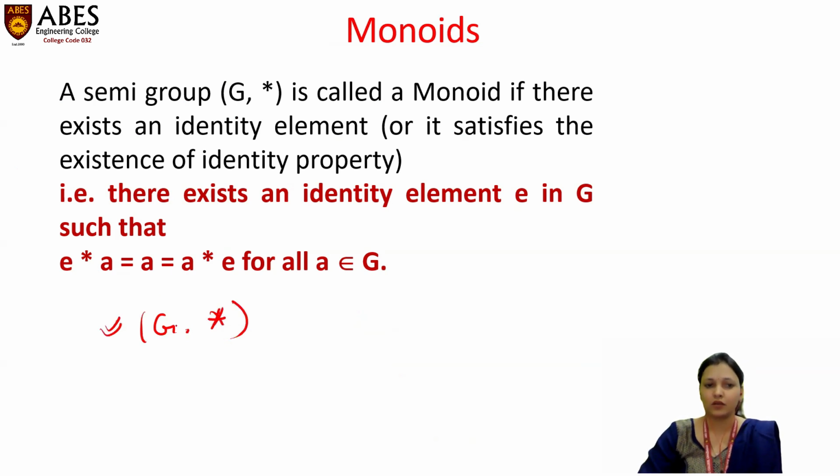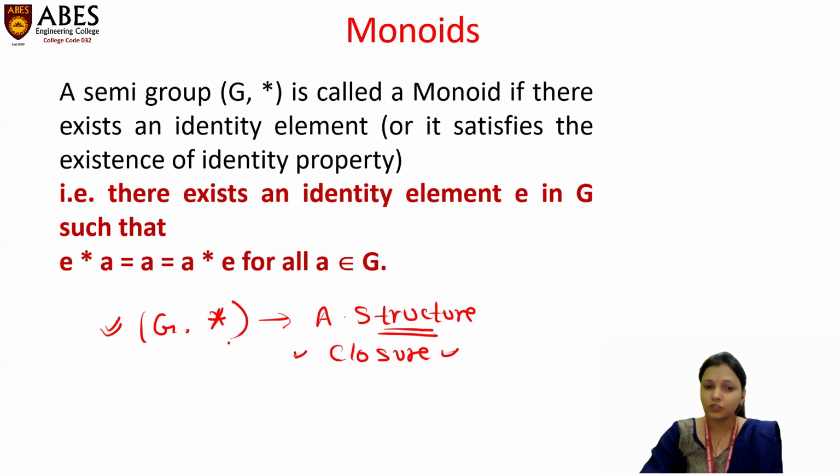For it to be a monoid, we first have to prove that it is an algebraic structure, and we know that an algebraic structure should follow the closure property. So we will first check whether this structure follows the closure property or not. If it does, it is an algebraic structure. Then we will check for semigroup.